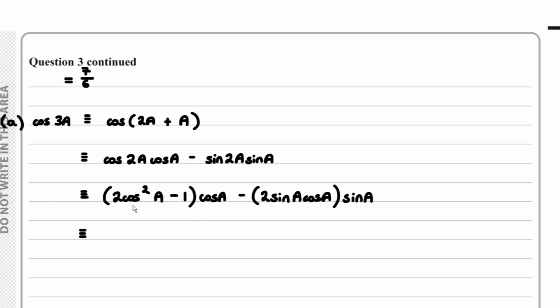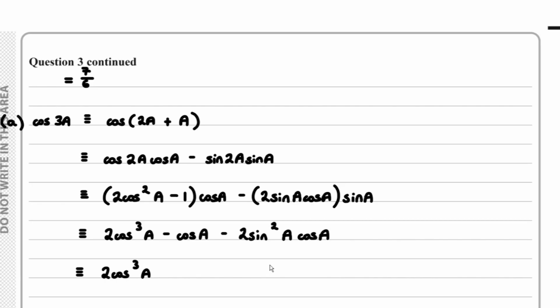Expanding the brackets, we have 2 cos squared a times by cos a, which is 2 cos cubed a. Negative 1 times by cos a is negative cos a. And then we have negative 2 sine a times sine a times by cos a, which is negative 2 sine squared a cos a.